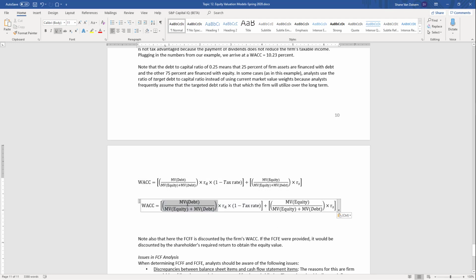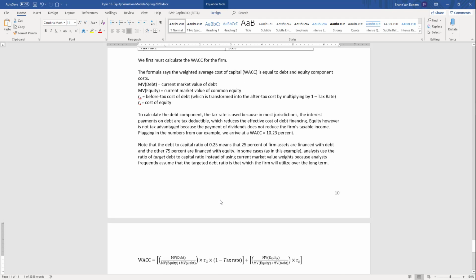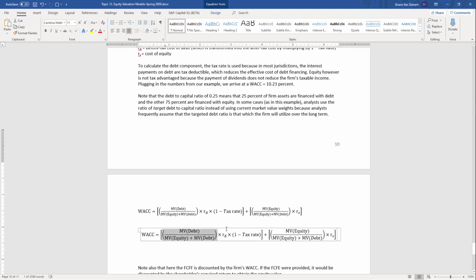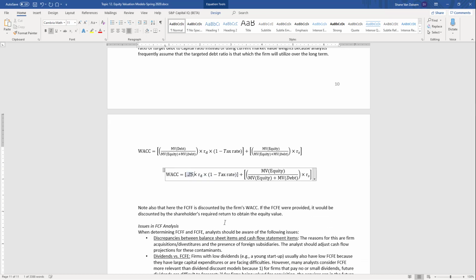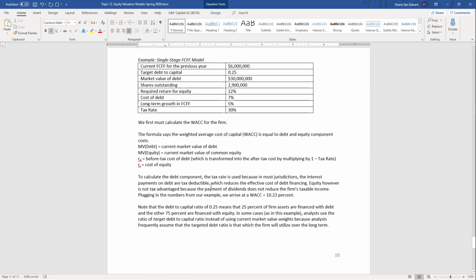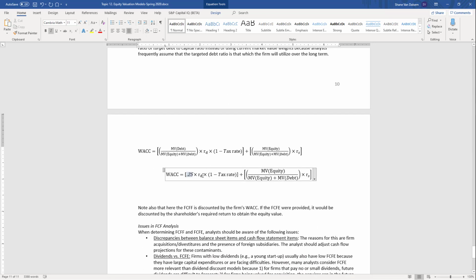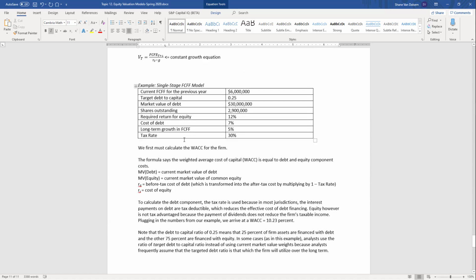So in our case here, our target debt to capital ratio is 0.25. Our required rate of return on debt is 7%. Our tax rate is 30%.